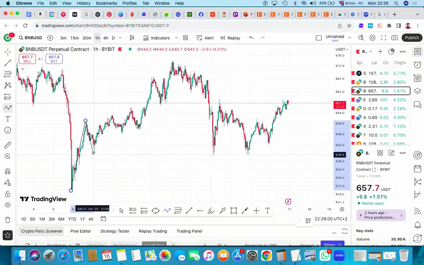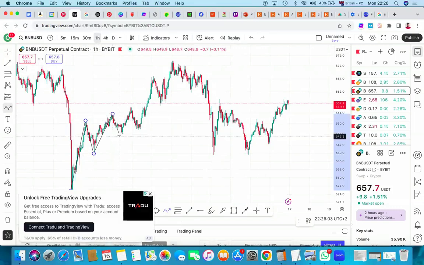Okay. Clearly you can see what the market is doing, right? So if I was to follow this trend, I'll do something like this. All right. And then we'll do something like this. We can already see that the market is actually changing trend.